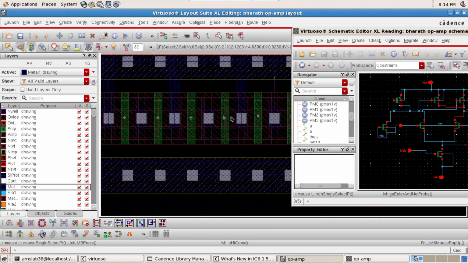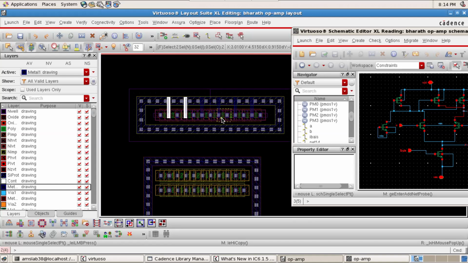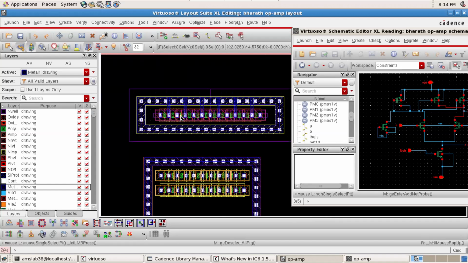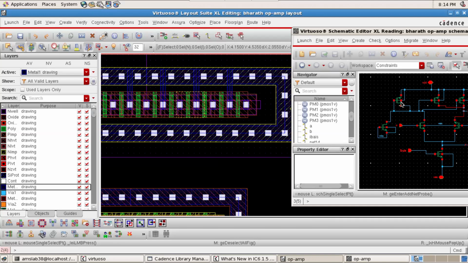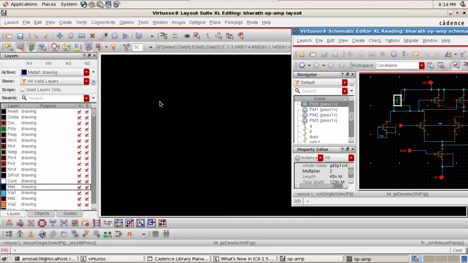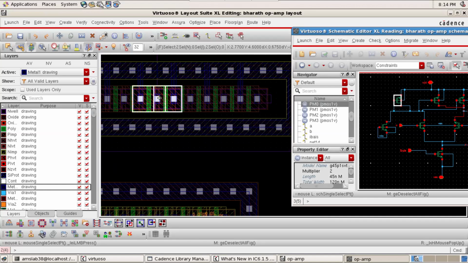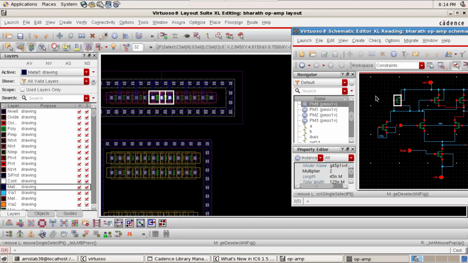Making a layout is one thing, and understanding and making it is different. You should learn and then make it. Here you see, this one is your dummy device, where the drain is in the center, and the drain needs to be connected with the gates.